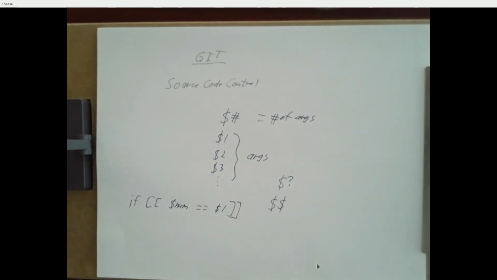This checks to see if num has the same value as your first command line argument, which is probably not what you're looking for in PA1. And syntactically it's valid, right? It's not going to say syntax error, it's not going to say warning. It's just going to do what you're asking it to do, but you're asking it to do something different from what you thought you were asking.